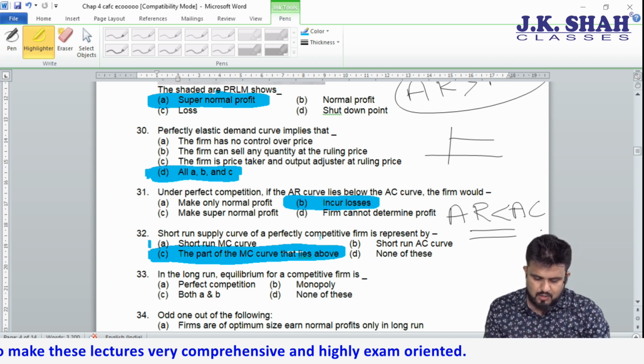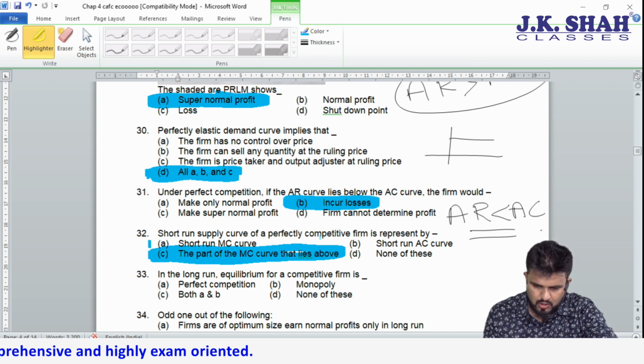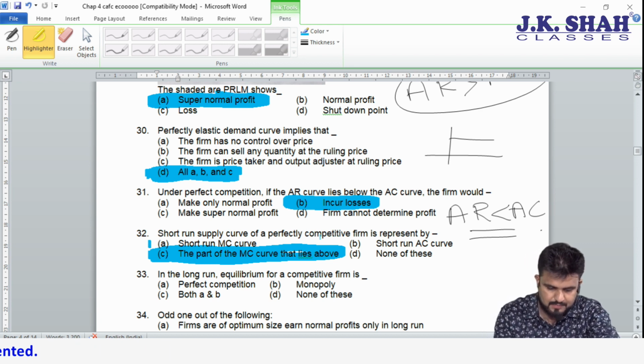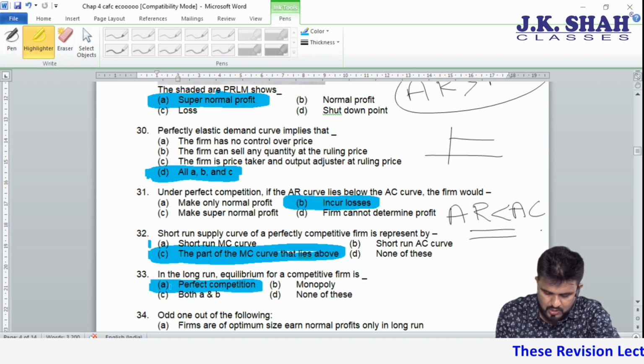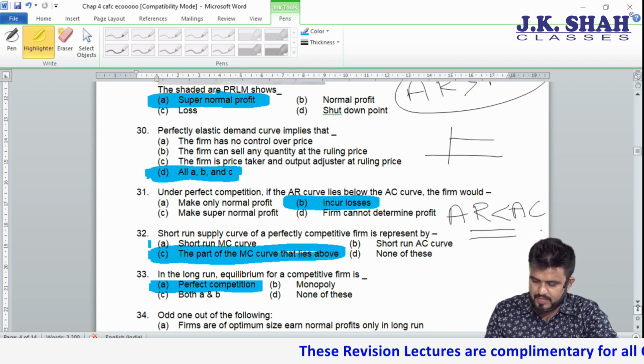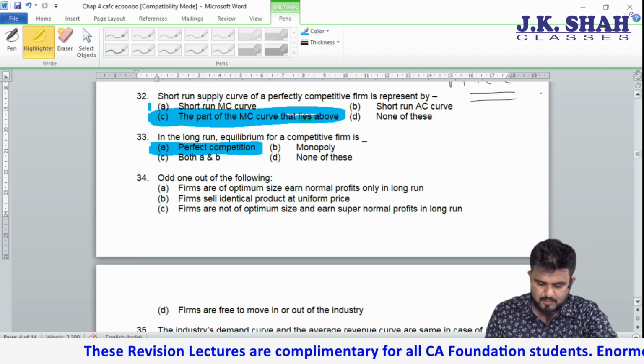In the long run, equilibrium for a competitive firm is, students, competitive firm is nothing but perfect competition, and I have already explained that another name for perfect competition is competitive firm.